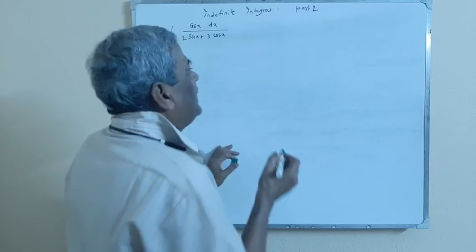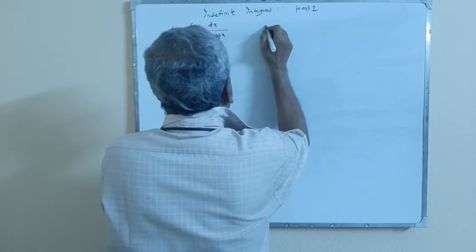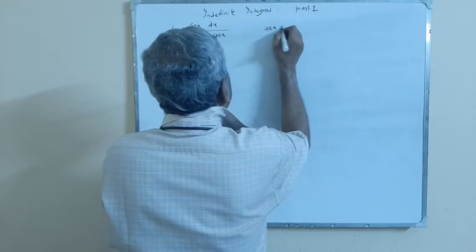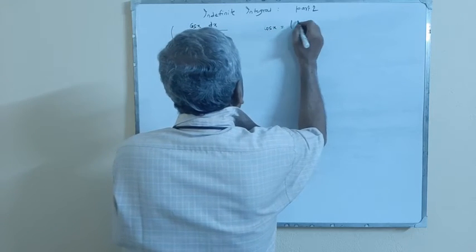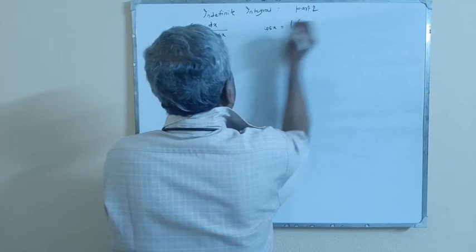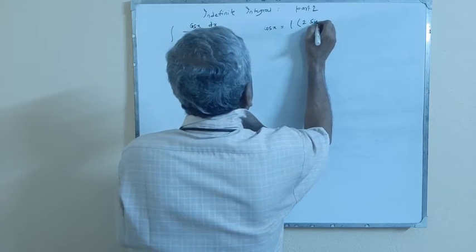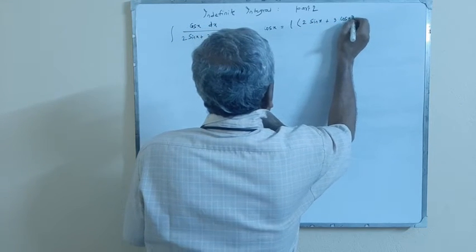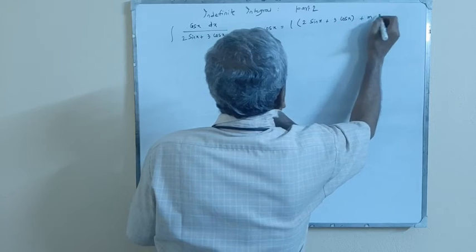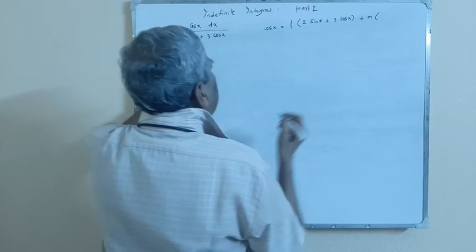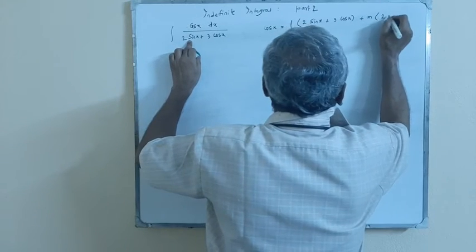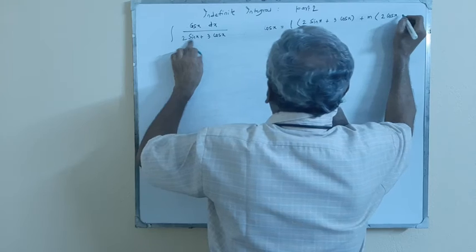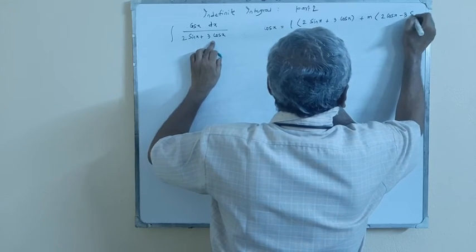In that case, we have to take the numerator as some constant L into the denominator intact, 2 sin x plus 3 cos x, plus another constant M into the derivative of the denominator, that is 2 cos x minus 3 sin x.